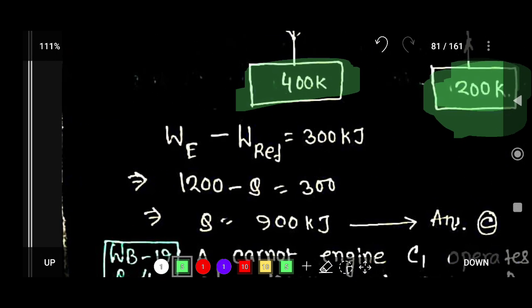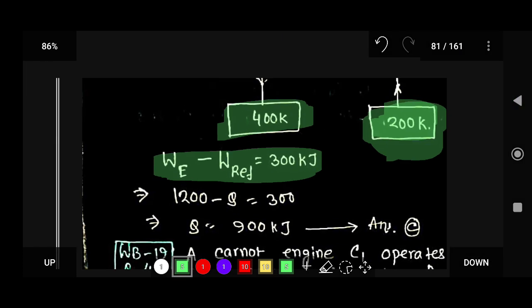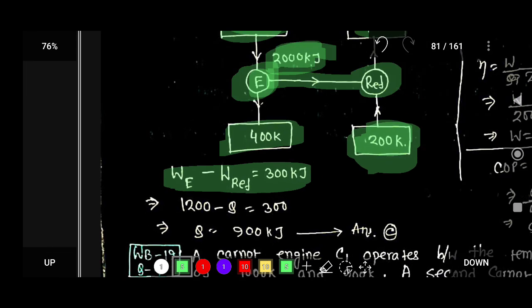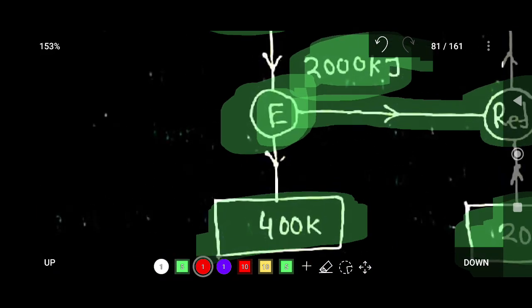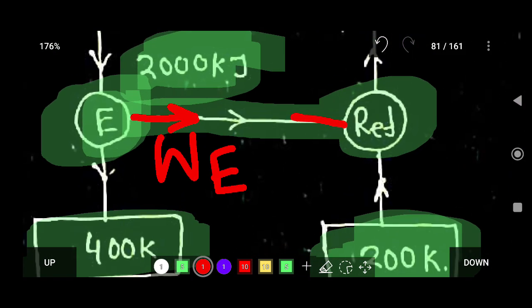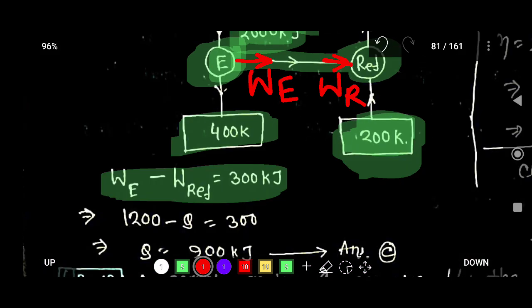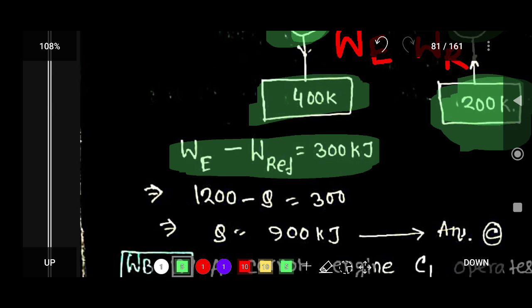In the question, it is given that W engine, the work produced by the engine, minus the work absorbed by the refrigerator is equal to 300 kilojoule. Suppose we consider the work produced by the engine as WE, and the work absorbed by the refrigerator as WR. So WE minus WR is equal to 300 kilojoule.